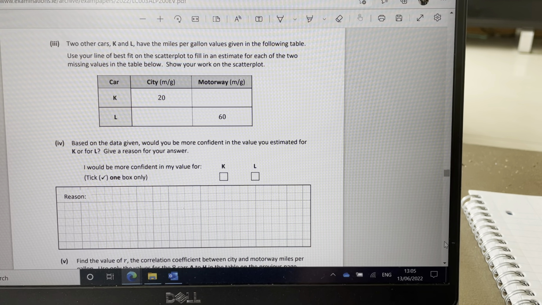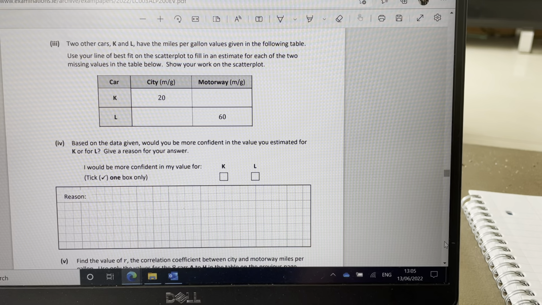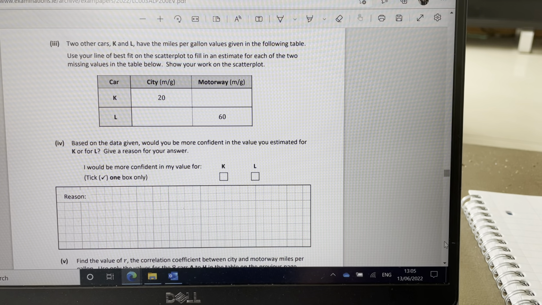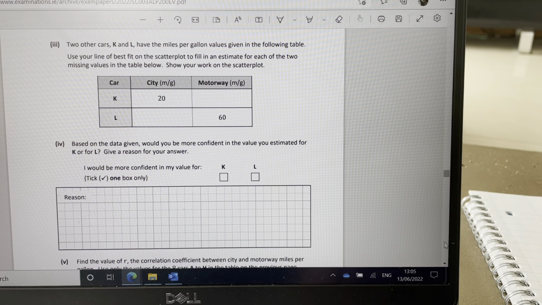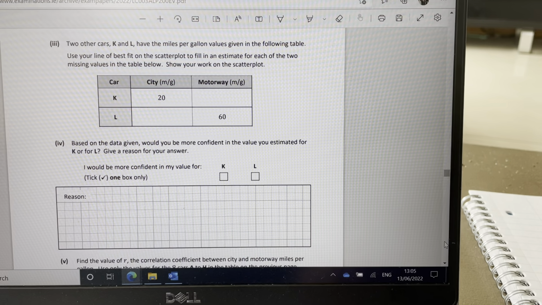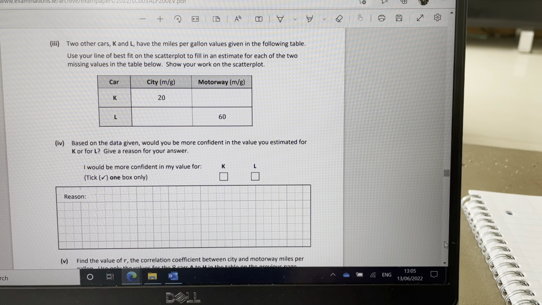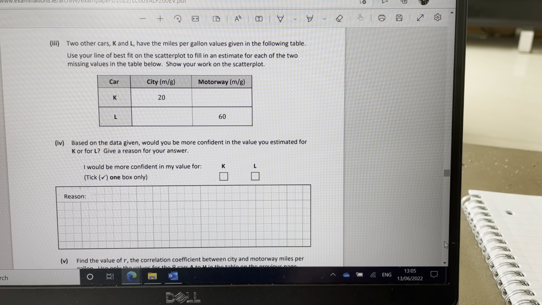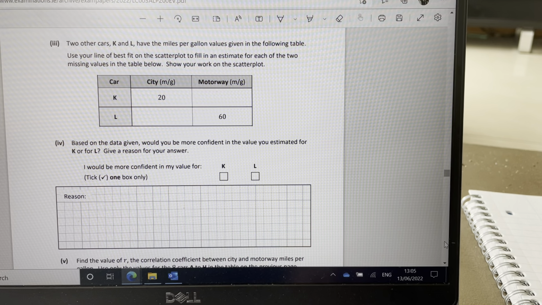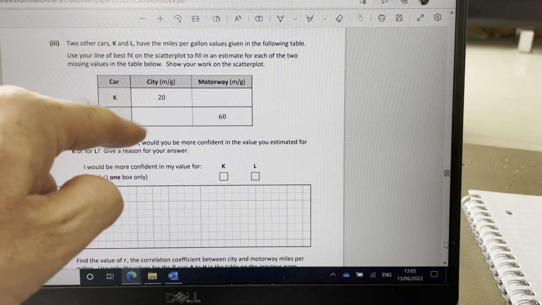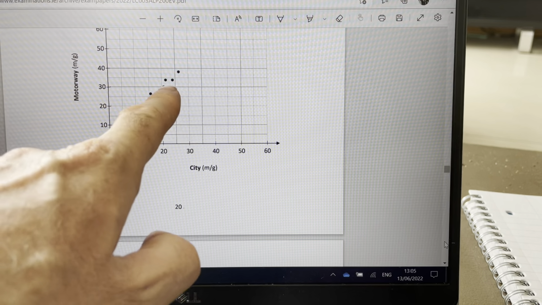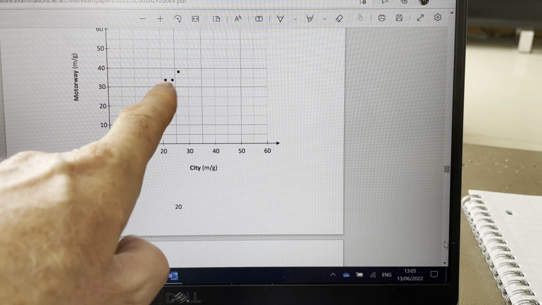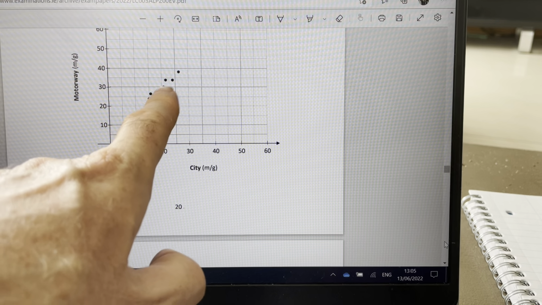Would you be more confident in the value for K or L? Now that's a fairly interesting question. Never seen anything like that before. It's almost like your own personal input is deciding it, which is a nice practical way of doing it. Now, in reality, I'd say there is a right and a wrong answer. I'm guessing the city car is 20. You have a plot there that's around 20 already, and it's nice and bunched in with the rest of them.